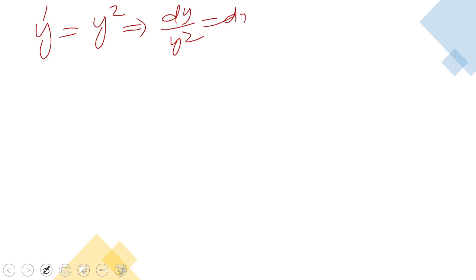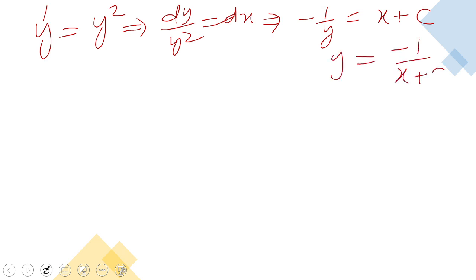So let's take another one. Let's say y dash is equal to y square. We can solve this: dy over y square equals dx, and that will give me minus 1 over y is equal to x plus some constant. So let's take this integration constant. This means y is minus 1 over x plus c.